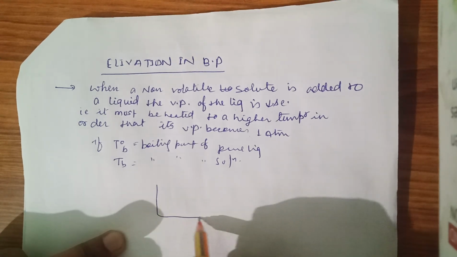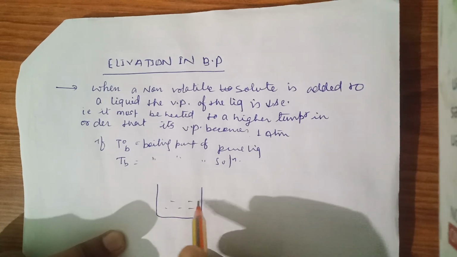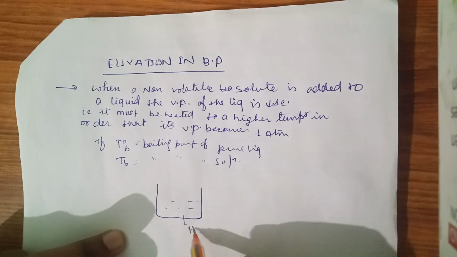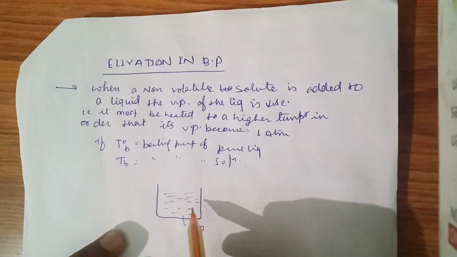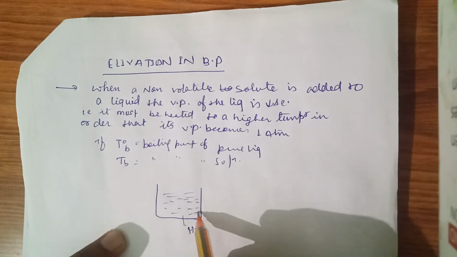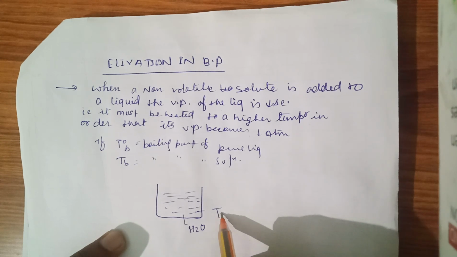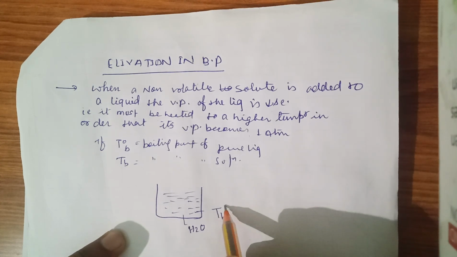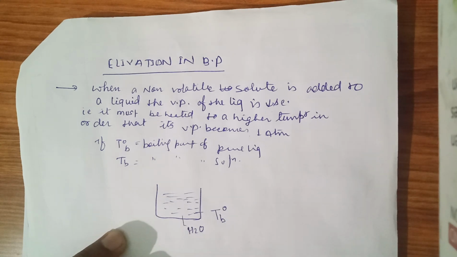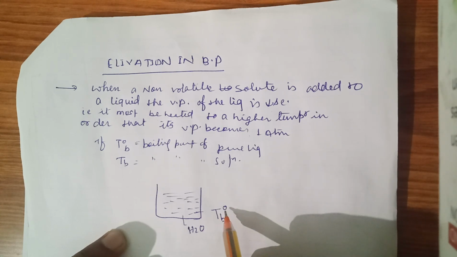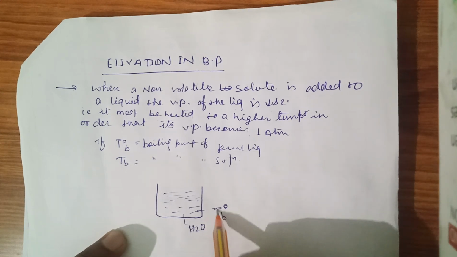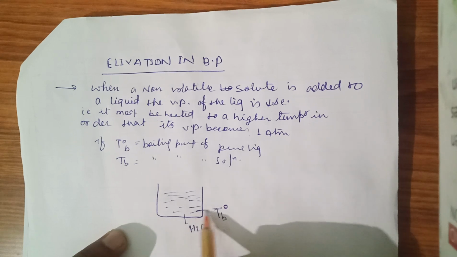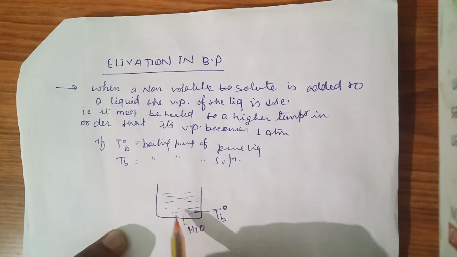Suppose this container contains a pure liquid, for example, let us consider water only, and the boiling point of the pure liquid is equal to T naught B. It is the way of representing the pure component. In that case, we generally put a naught symbol over the particular symbol. So this is the boiling point of this particular liquid, T naught B.